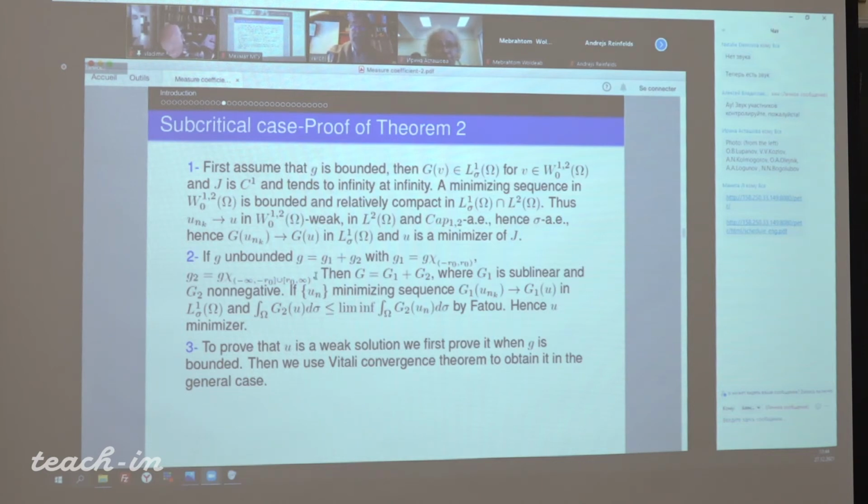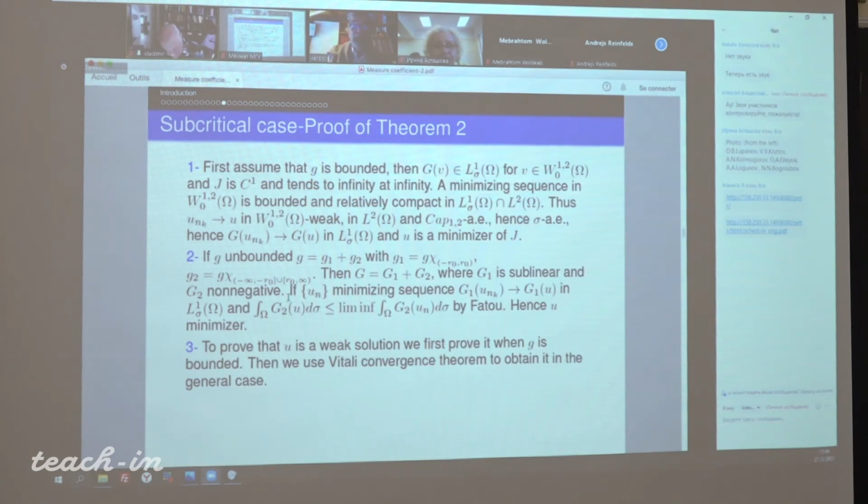Then I write capital J, capital G as G1 plus G2 accordingly. Capital J1 is just the antiderivative of G1 and capital J2 is an antiderivative of J2. So in that case, J1 is sublinear and J2 is non-negative.